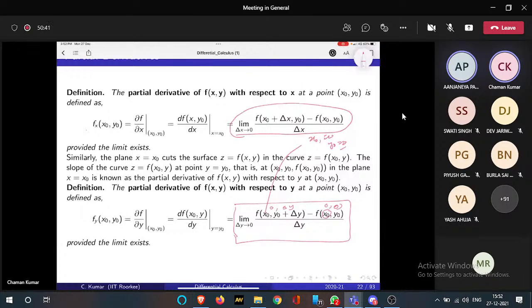And our point in this example, (x naught, y naught), is (0, 0).